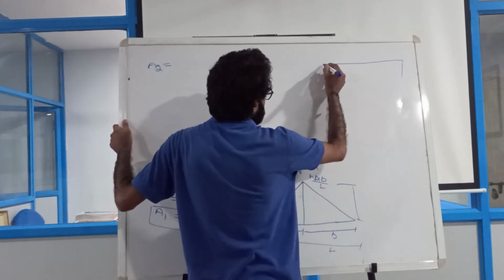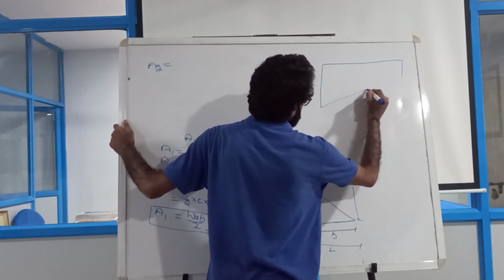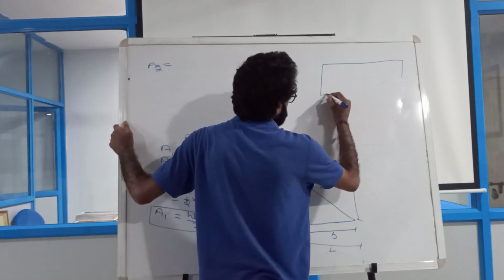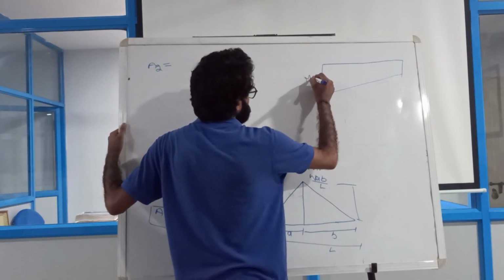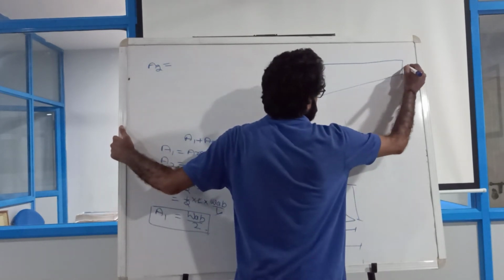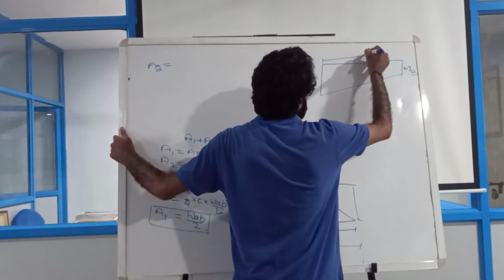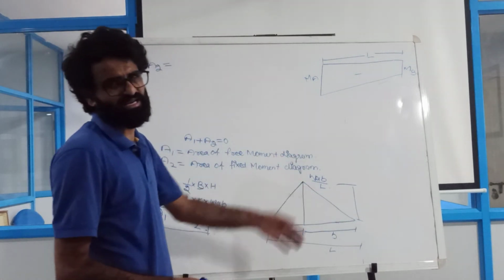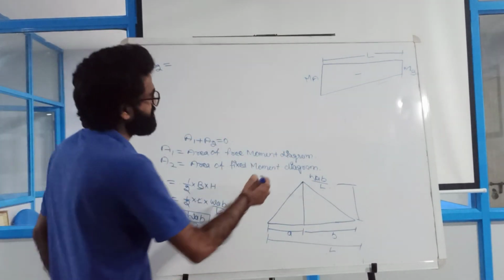The moment diagram came something like this. This is MB, and this is the length. Downward direction, so negative. I can draw it downward, only the sign is what I need. So I can draw it opposite as well, that is not a problem.